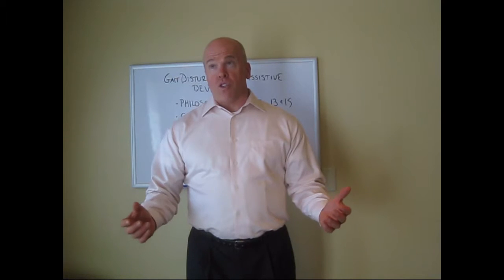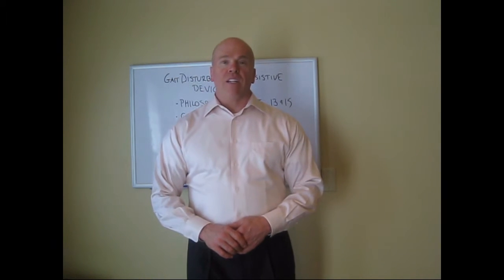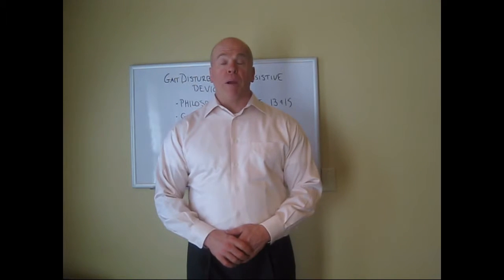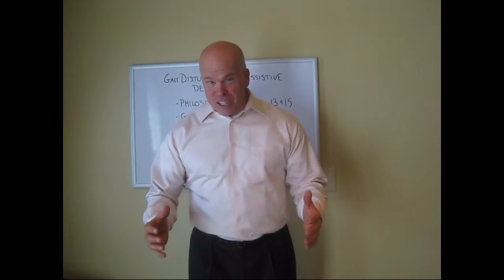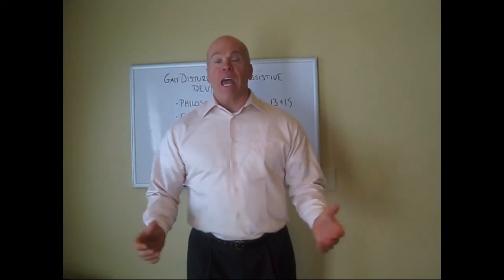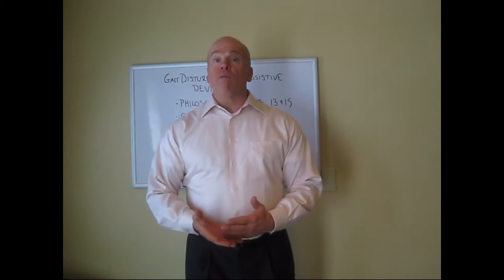Should you have some sort of objective findings to substantiate your opinion or conclusion for permanent impairment due to gait disturbance? Yes, you should. You should be able to substantiate your opinion with clinical findings.